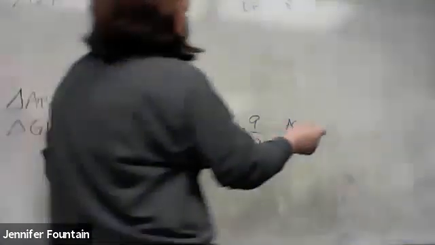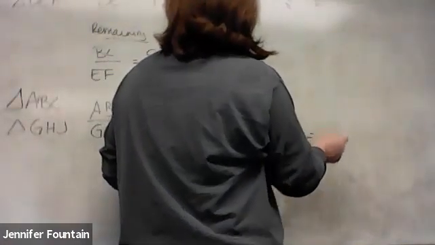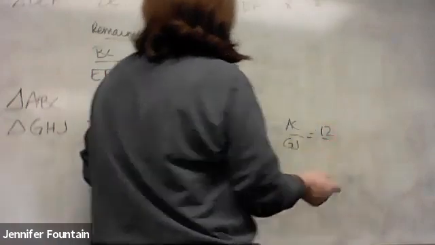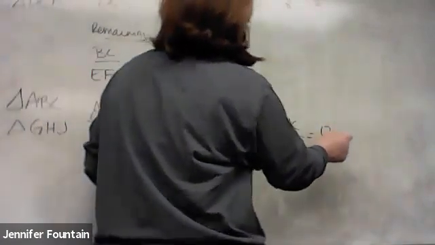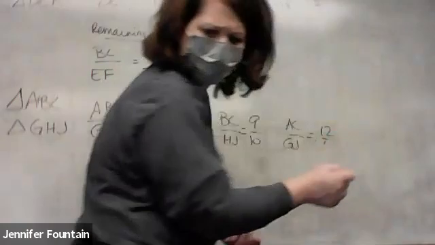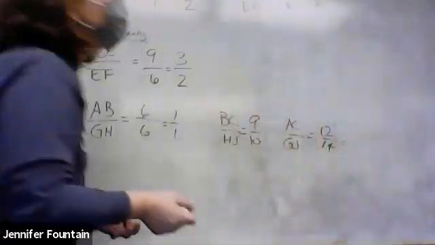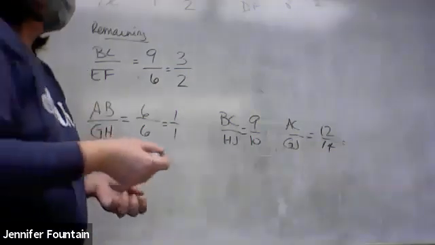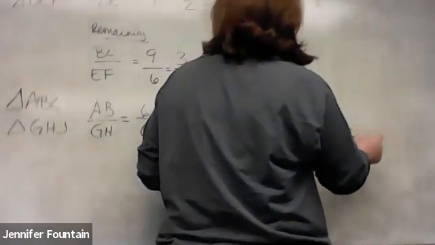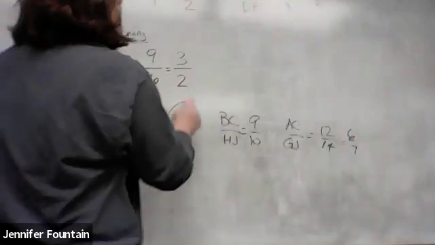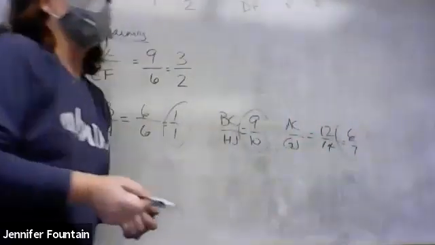All right. What is the measure of AC? 12. What is GJ? 14. Okay, that's what I thought y'all were saying. What is that reduced to? 6 over 7.